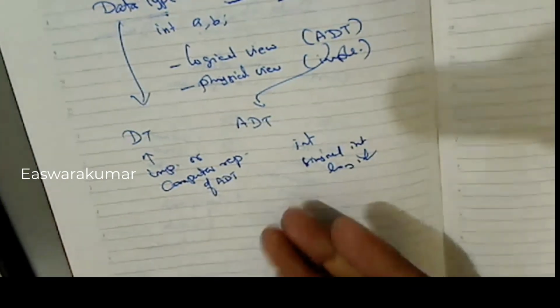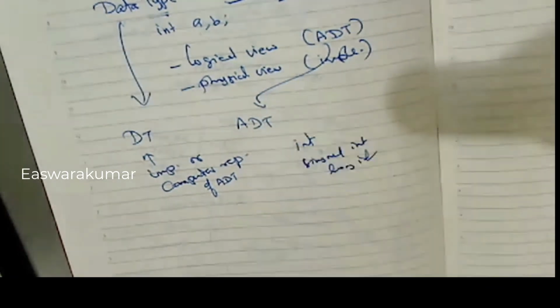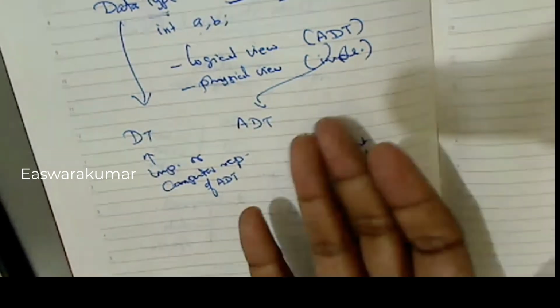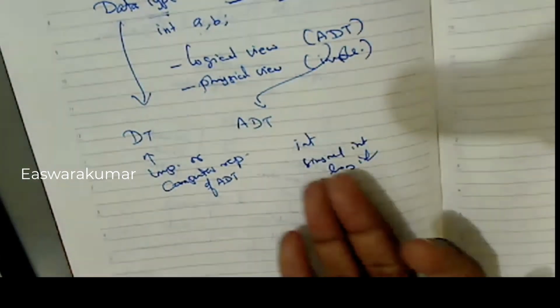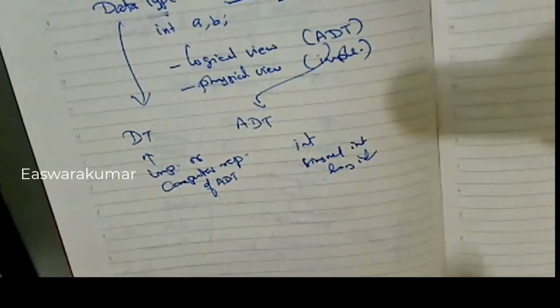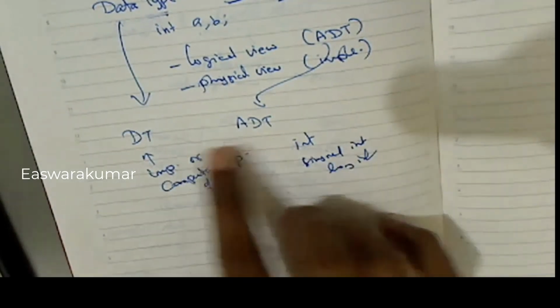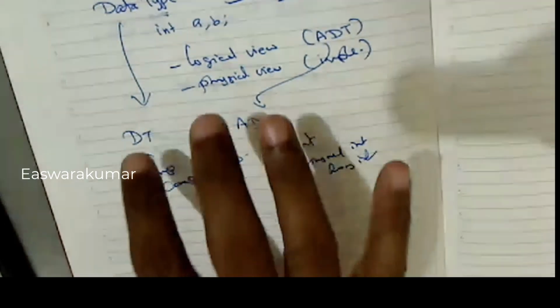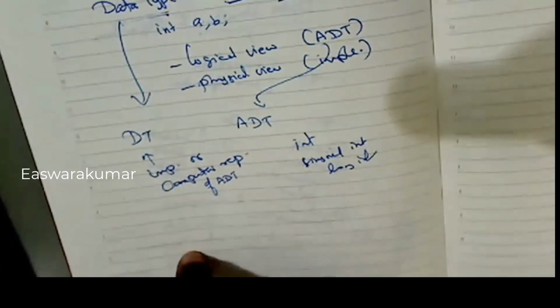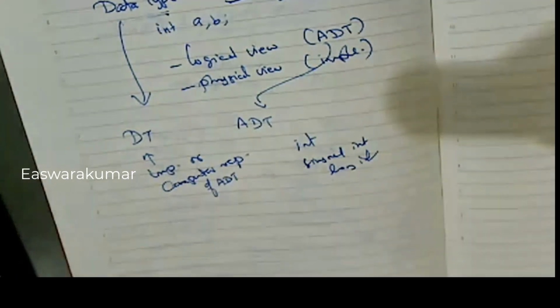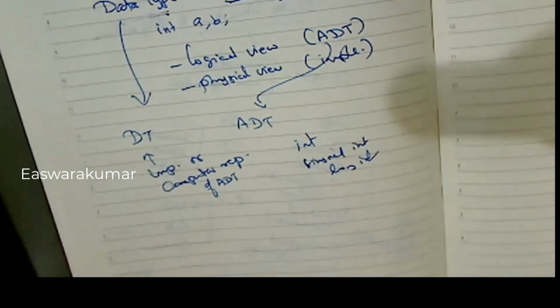The representation of the signed int while implementing will be different compared to the integer, because signed int should say that it's positive or negative, but that is not there in the int. So here it is based on the implementation. Therefore, when you say it's an integer, it's an abstract data type. And when you say int, signed int, long int like that, then that is called a data type. Therefore, we say here that data type is an implementation or computer representation of ADT. You got it? Okay. So this is the difference.